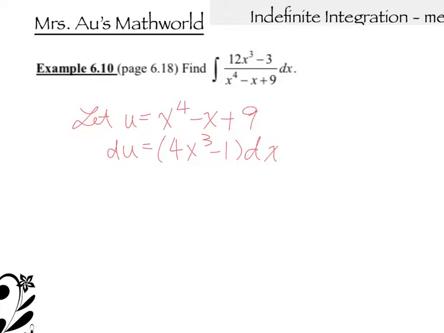So this one is not as hard as the last one, because you can see that 12x cubed minus 3 is 3 times of this one. So you can just substitute all the things in one step.